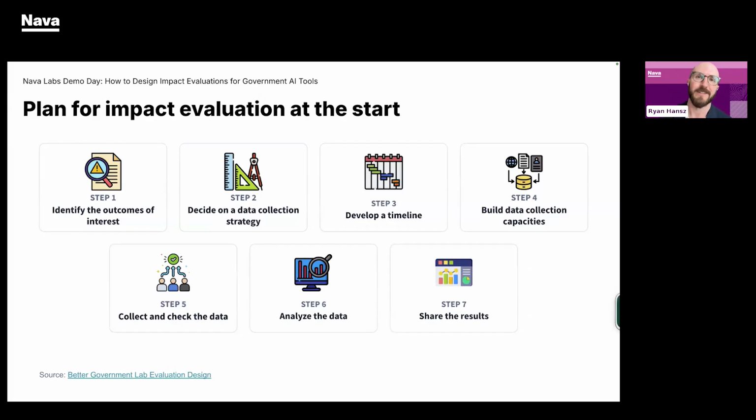Decide on a data collection strategy. So what's realistic for you to collect to see what's moving the outcomes. Develop a timeline, build those data collection capacities, actually collect and check your data, analyze it, and then share the results. And we'll dive into some of these steps as we go, but just for a high-level framework about how to approach impact evaluation.